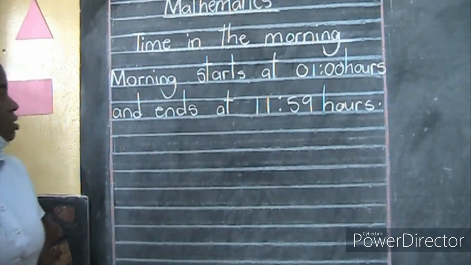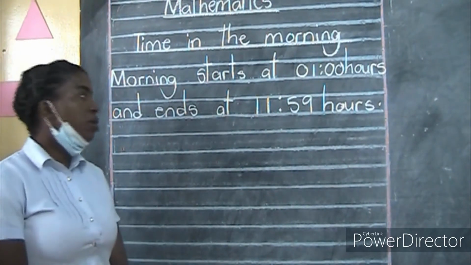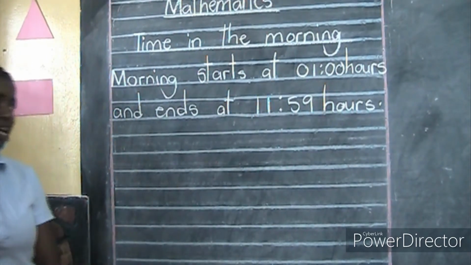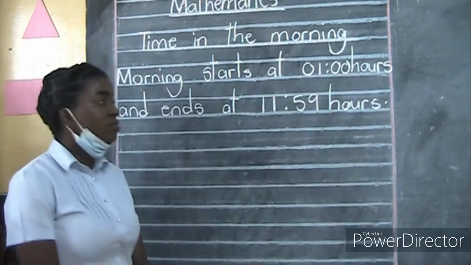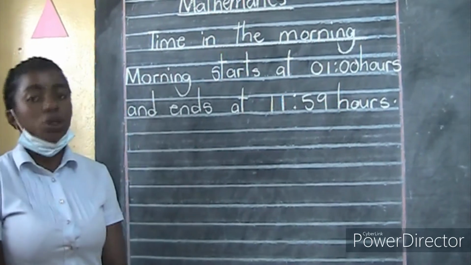So morning starts at 01 hours and ends at 11:59 hours. Starting from 01 hours to 11:59 hours, you can tell someone good morning.